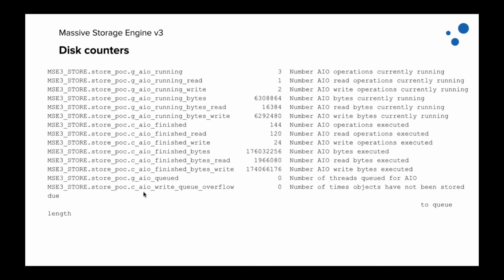The very last counter there, the write queue overflow, is an interesting aspect as well. And this is configurable, but once you reach the limit where your disks actually can't take any more added data and you start lagging behind, one of the choices that might be the right one for you in that case is to actually then stop storing to disk and instead treat the cache as a pure memory cache.